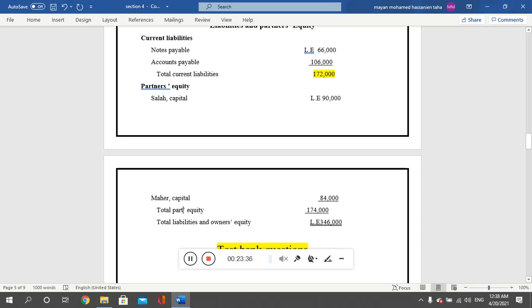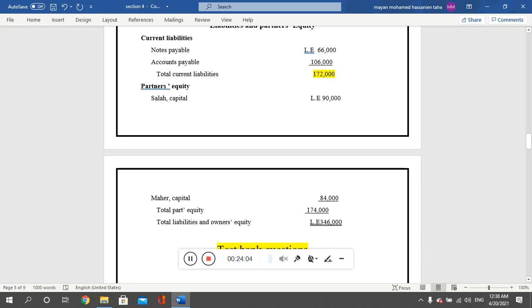So the total partners' equity will be the summation of Salah's capital of $90,000 and Maher's capital of $84,000. So the total partners' equity will be $174,000. And this is the other item on the credit side. So the summation for the credit side will be total liabilities plus total partners' equity.